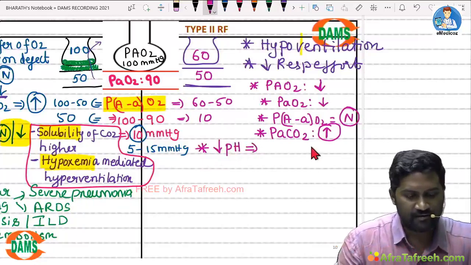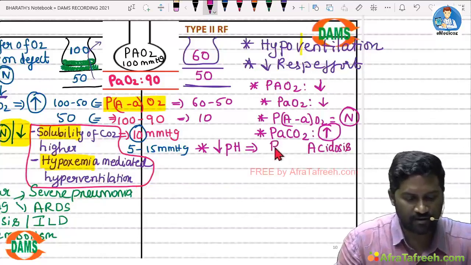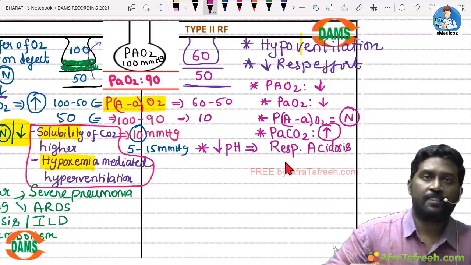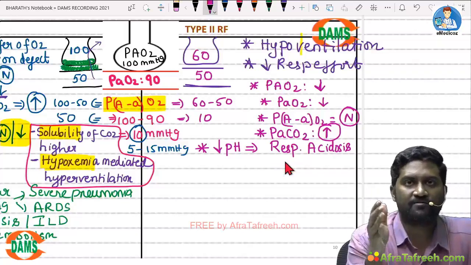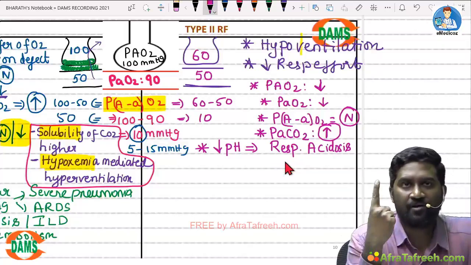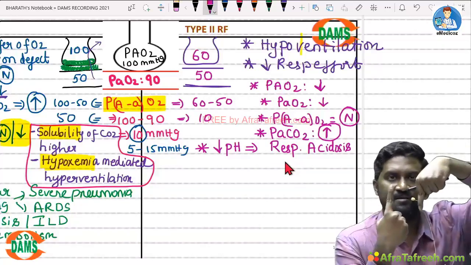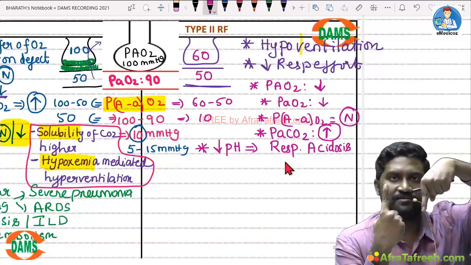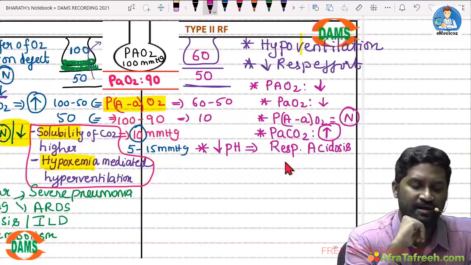Because there is a decrease in pH, this is called acidosis, and since this is due to CO2, it is called respiratory acidosis. In your body, acid is CO2, base is bicarbonate. Why it is so, we will discuss in acid base balance. Because the acid called CO2 has increased, and any increase in acid will decrease pH. Decrease in pH is acidosis. This is due to CO2, so it is called respiratory acidosis.